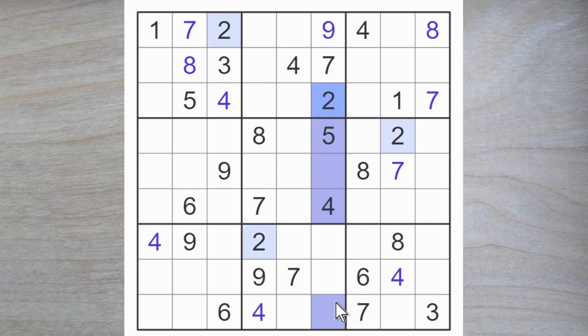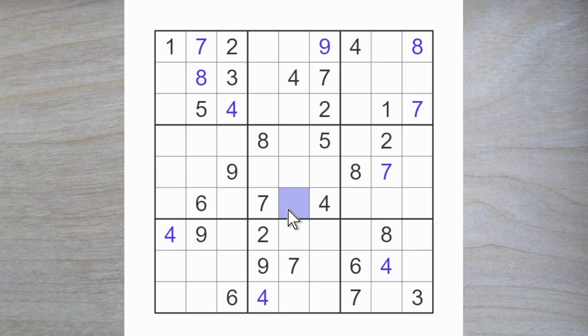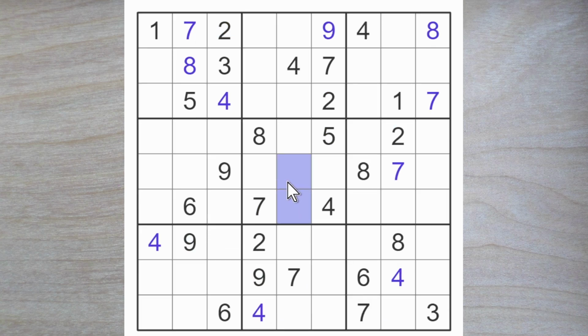There's a 2 blocking down and up and over, so along with a 9 that must go in one of these squares here, we have a 2 that must go in one of these two squares. And now we have a 1 blocking across here and here, so a 1 must go in this square. We got 7 blocking over and over, here's a 7.